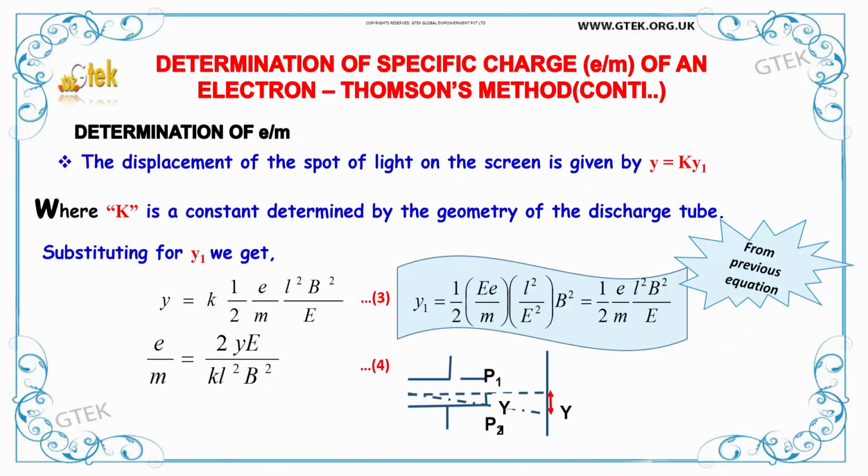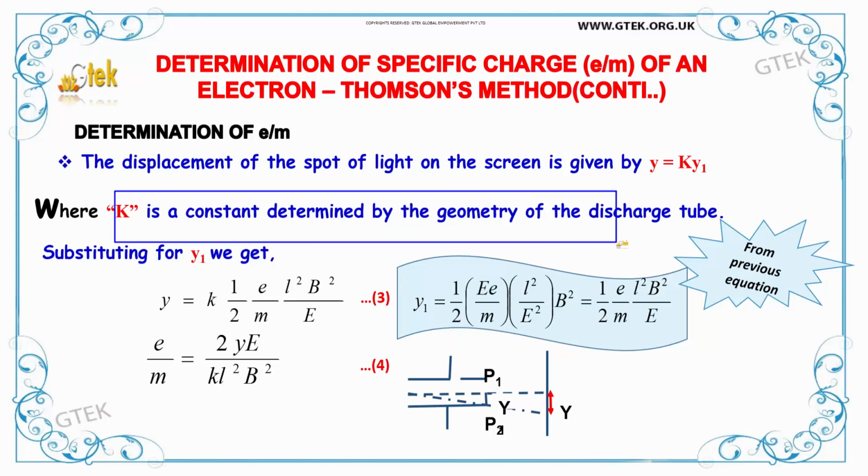Now we'll talk further on the determination of charge. The displacement of the spot of light on the screen is given by y is equal to K into y1, where y1 is here and your y is here. Here the value K is a constant and it is determined by the geometry of the discharge tube.